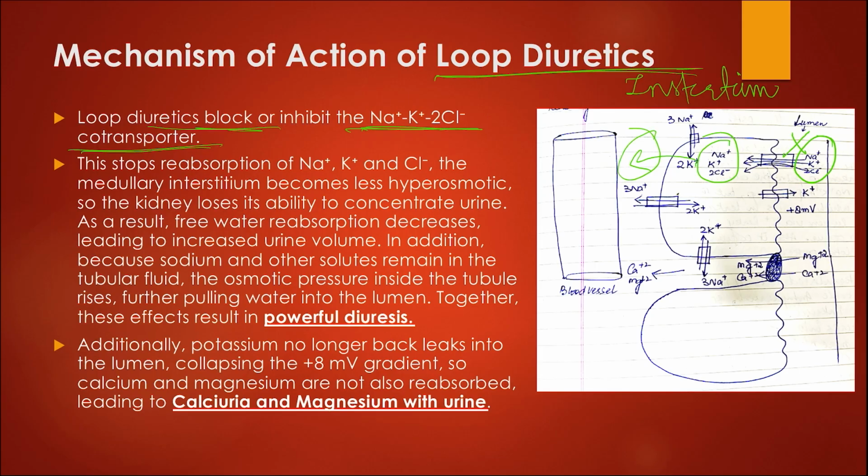As the concentration of the interstitium decreases, the medullary interstitium becomes less hyperosmotic, so the kidneys lose their ability to concentrate the urine. Even if antidiuretic hormone is secreted in the last part of the nephron, the kidneys will not be able to concentrate the urine.